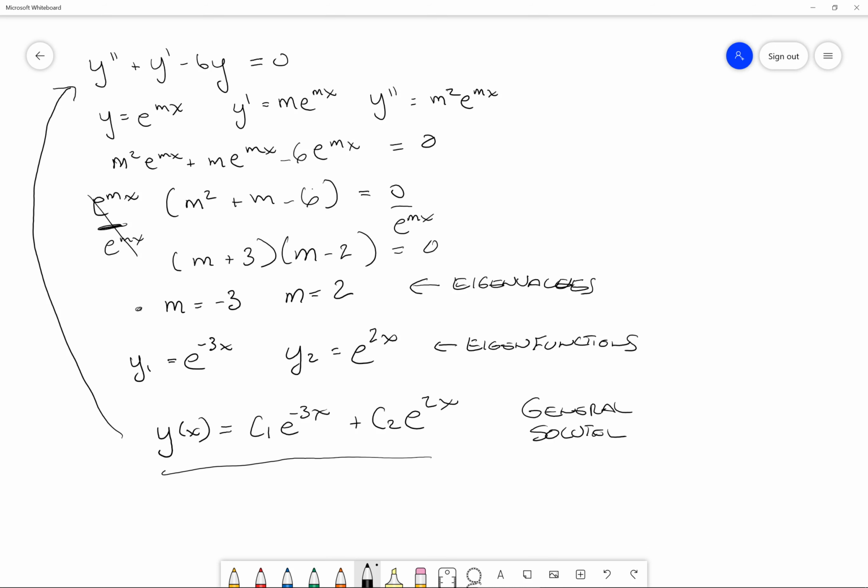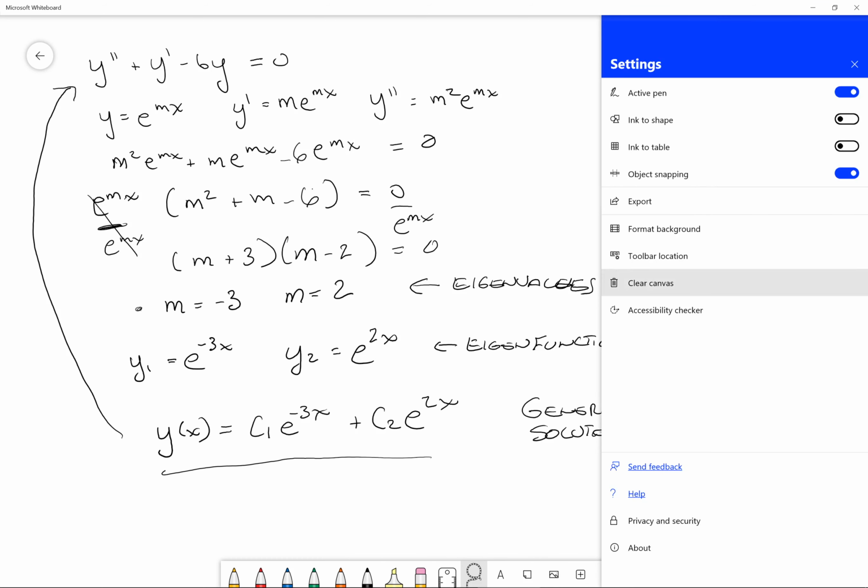Let's take a look at another example. I'm going to erase this one, or I can go right here and say clear canvas. Beautiful. Let's see another example. In this example, we have 2y double prime minus 16y prime plus 32y equals 0.